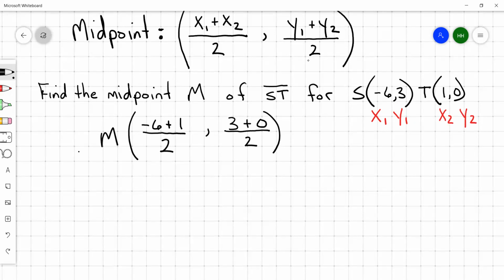So the midpoint of this segment with S and T as endpoints is -6 plus 1. Good, that's -5 divided by 2, -2.5. 3 plus 0, good, divided by 2. What's 3 divided by 2? 1.5. Positive 1.5. So there's your midpoint.